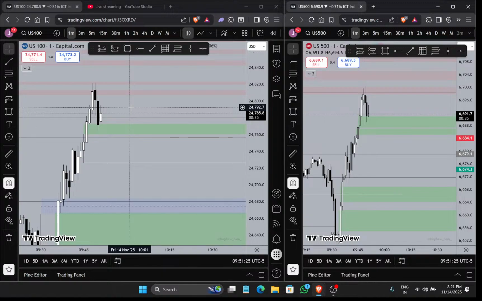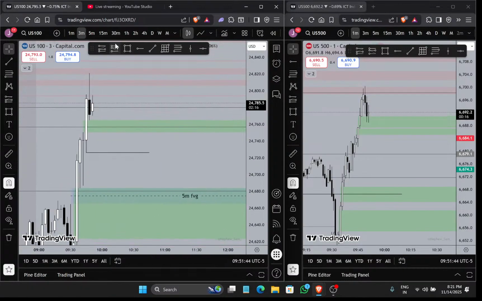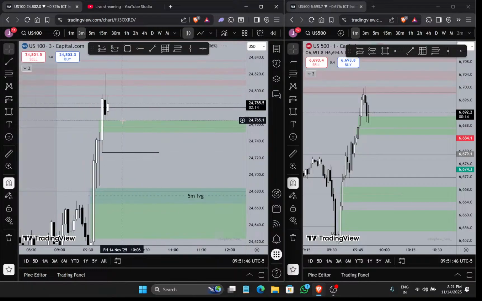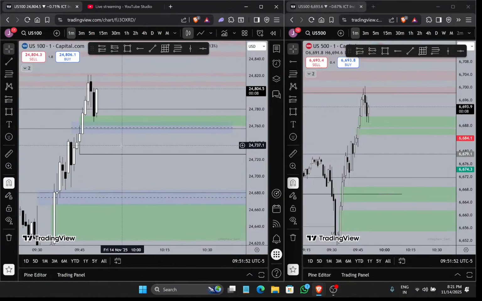Let's see. Maybe we can get a 3 minute. Yeah, we got a 3 minute one also. So now we need to inverse this 3 minute to go short.